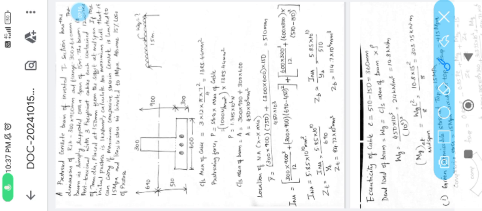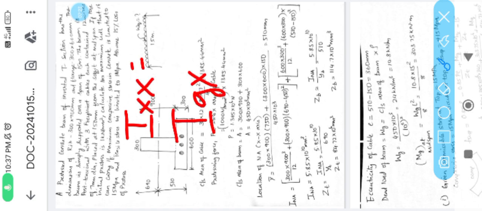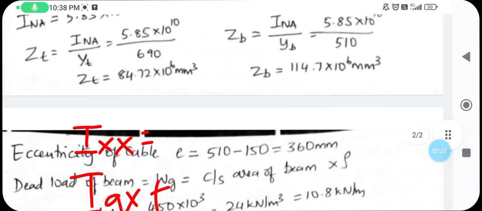Here we are applying the parallel axis theorem, as all of us know: Ixx is equal to Igx plus A into y bar square. So we are applying the parallel axis theorem in order to find the moment of inertia through the centroidal axis. Now let us begin with that.